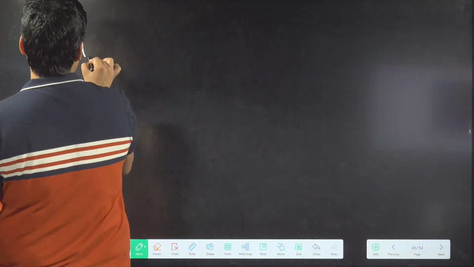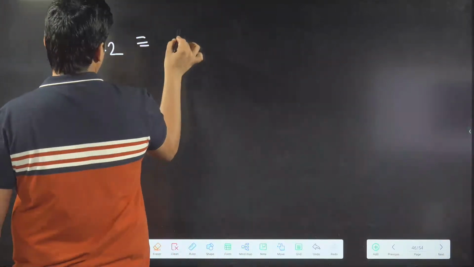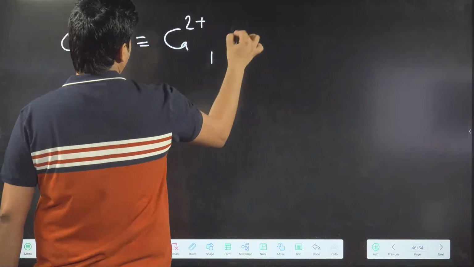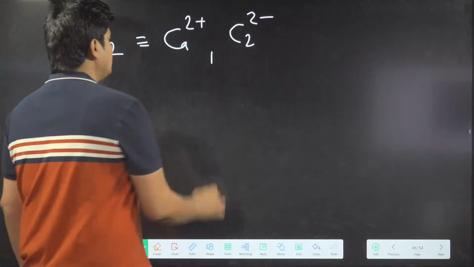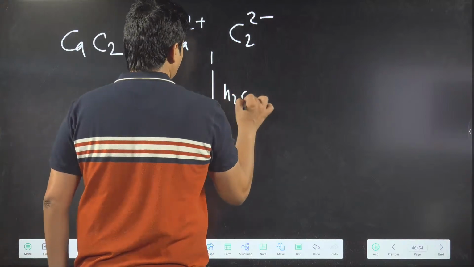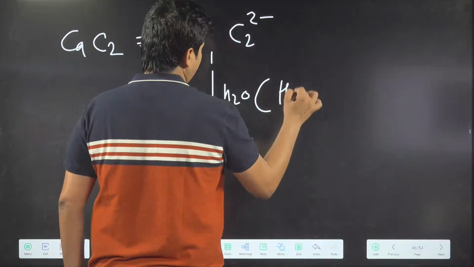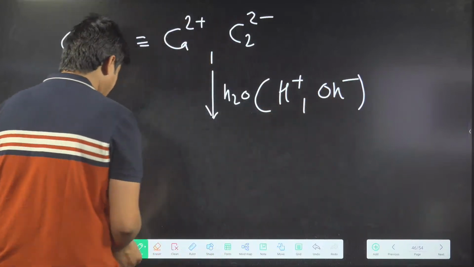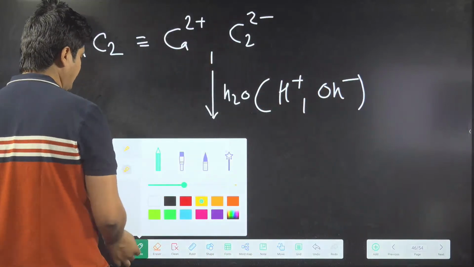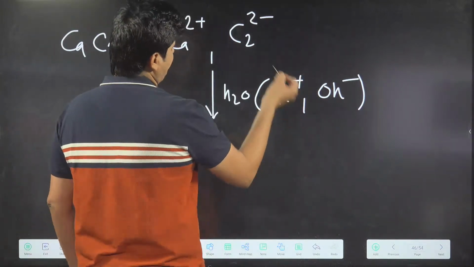Calcium carbide means what? CaC2. CaC2 means calcium 2 plus, C2 2 minus. Add water, H2O. For water, you can write it like this, H plus OH minus. Now after this, even a class 9th student can solve it. H plus obviously binds with minus.